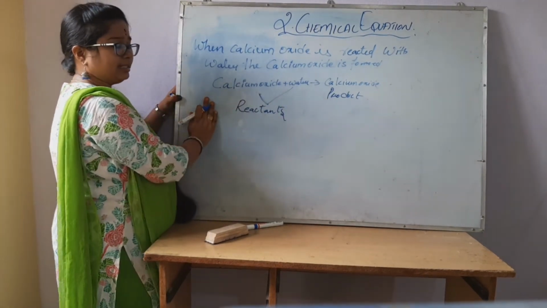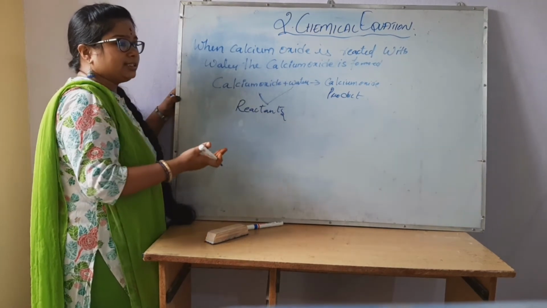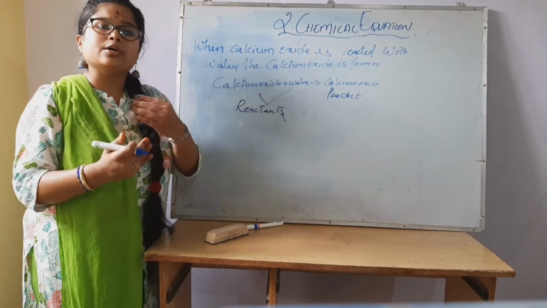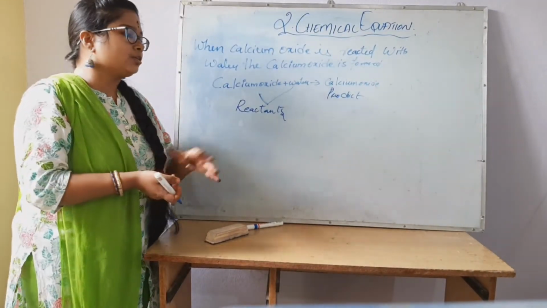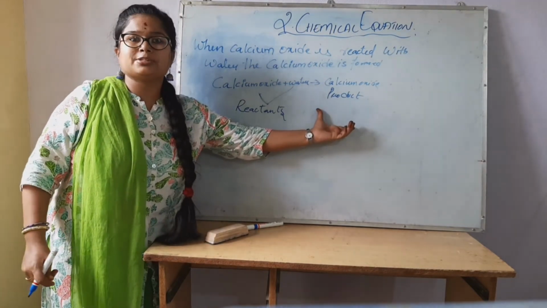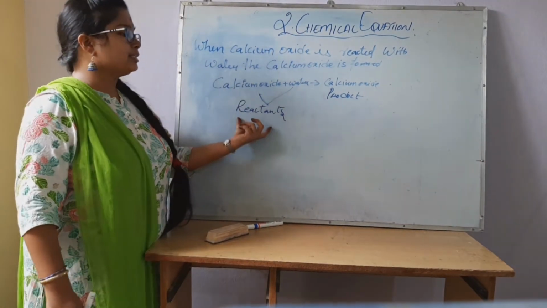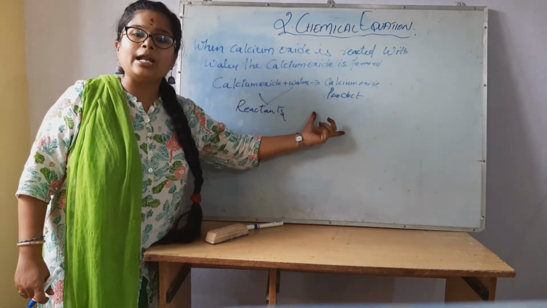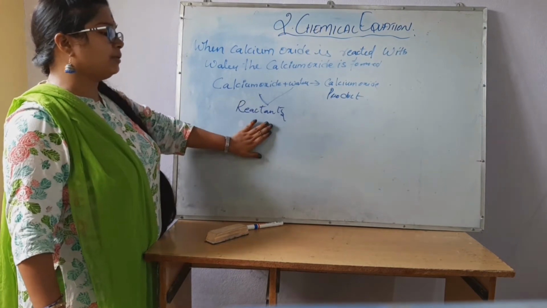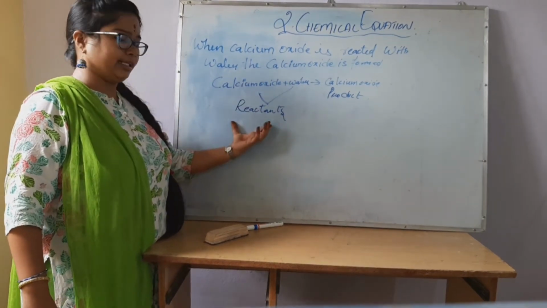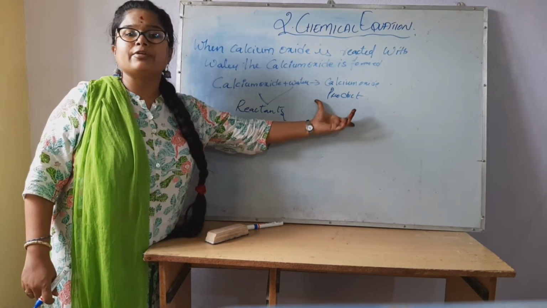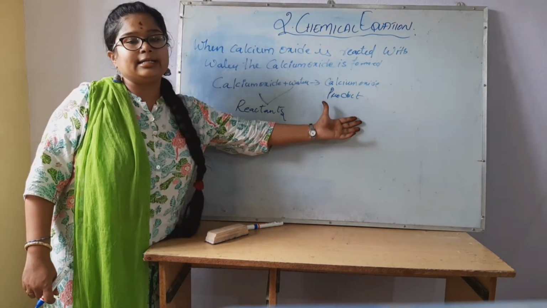So on the left hand side, the substances which undergo the chemical reaction are called reactants, and the final substance which is formed is called the product. The reactants are always given on the left hand side, and the products on the right hand side.